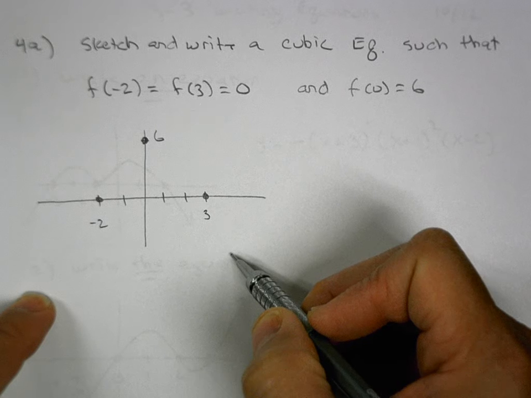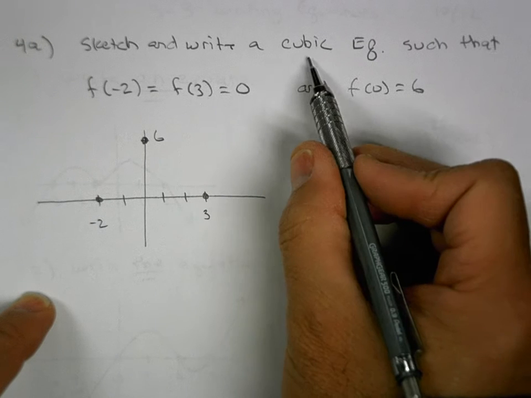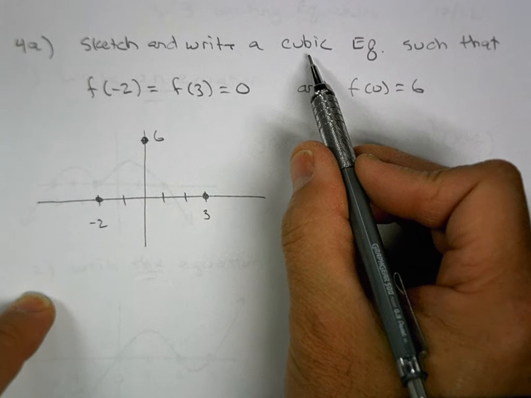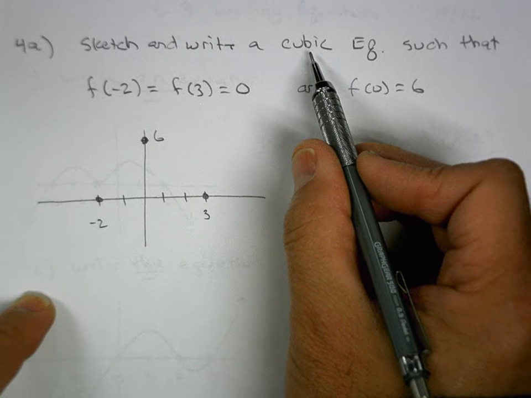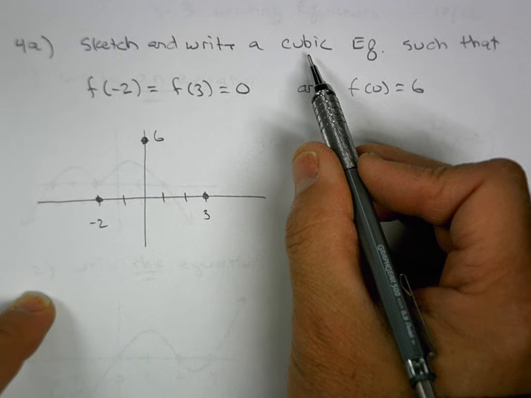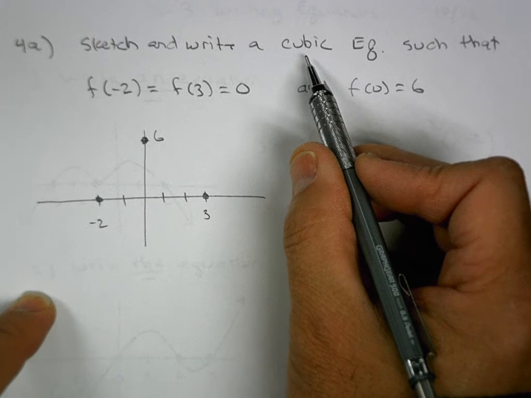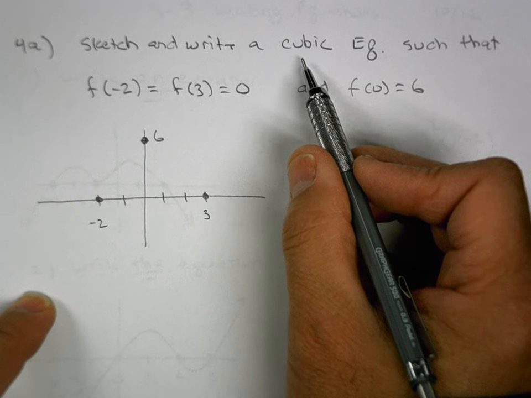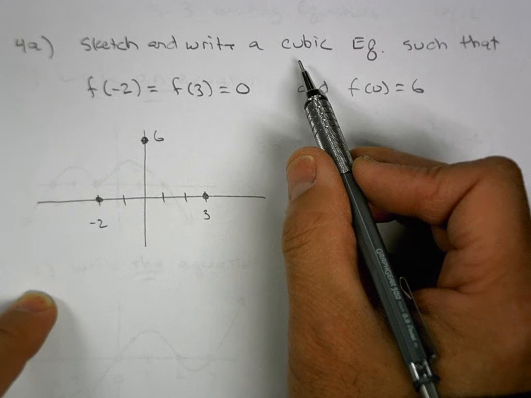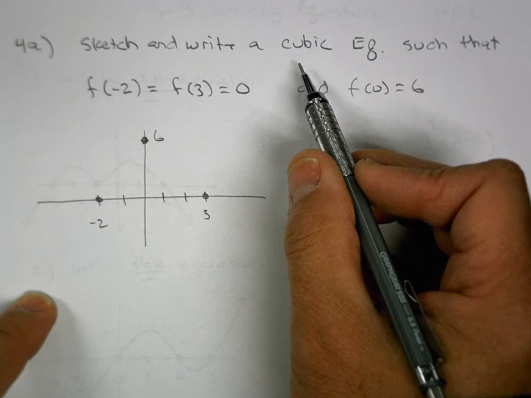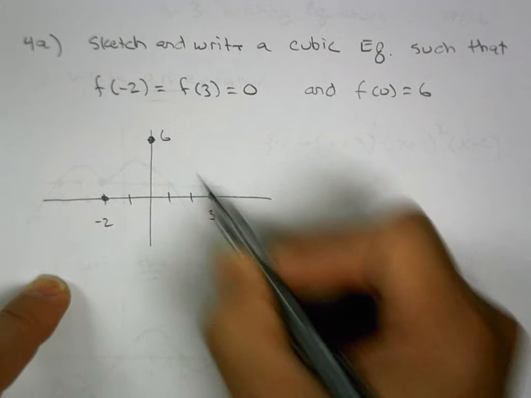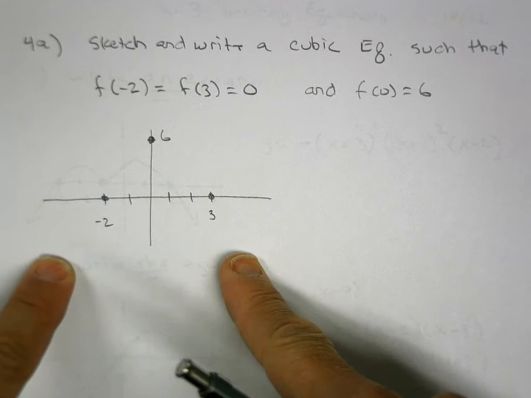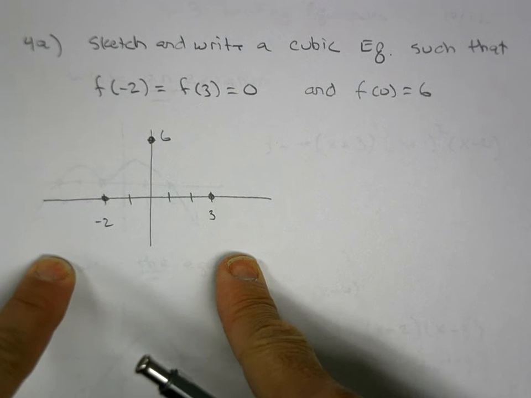Because it's supposed to be a cubic equation. Odd degree. What's supposed to happen with an odd degree? The end behavior. They're opposite. Okay, so I can't just do this. That'd be like an even degree.